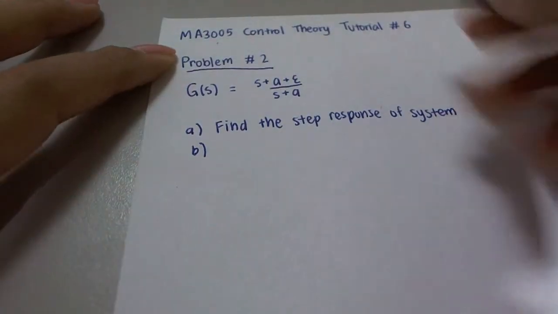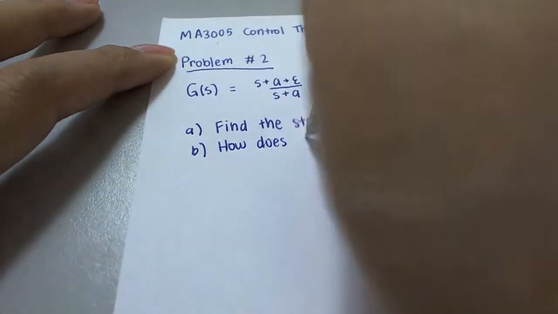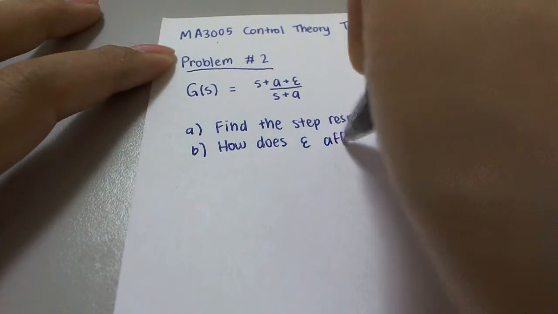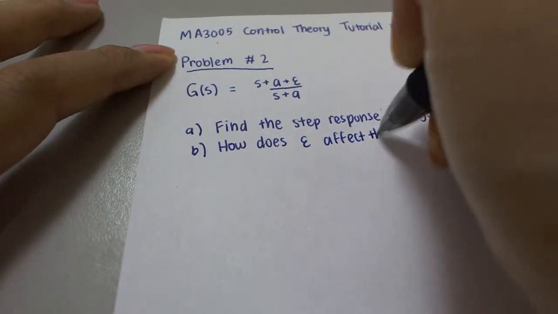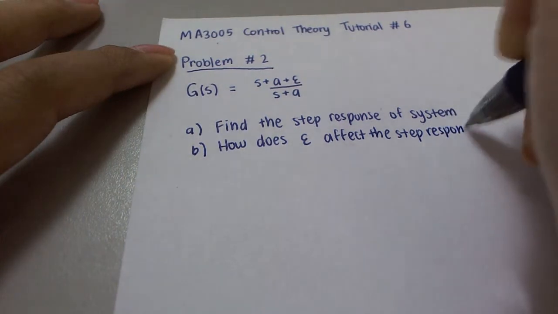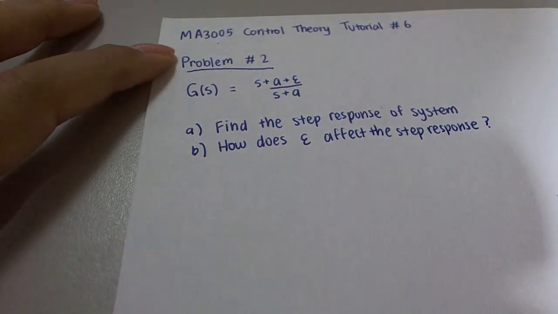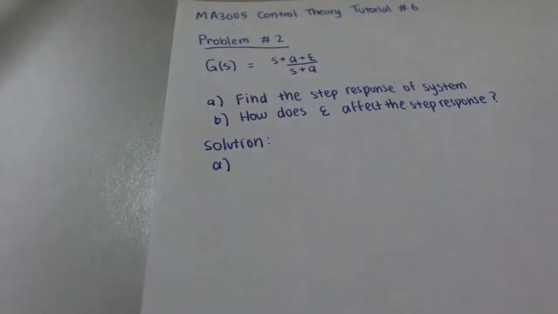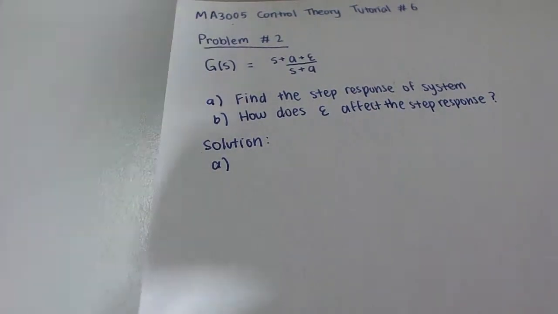And the second part is, how does epsilon affect the step response. So first of all, we have to find the solution of the step response for the system.